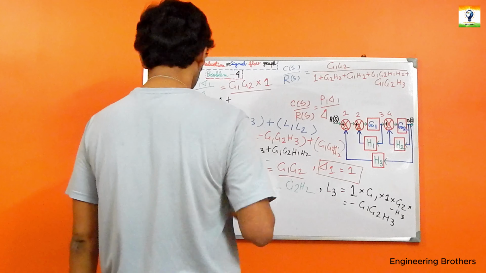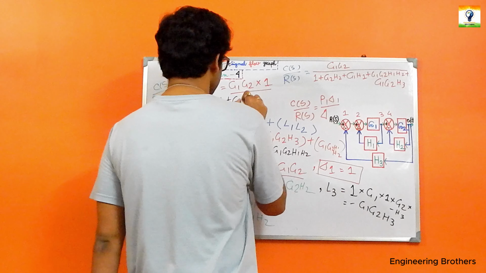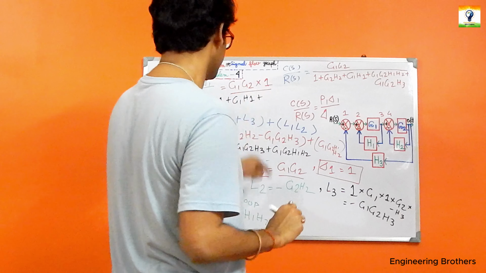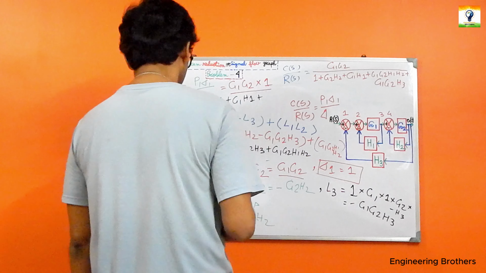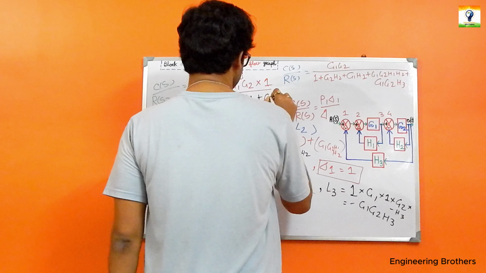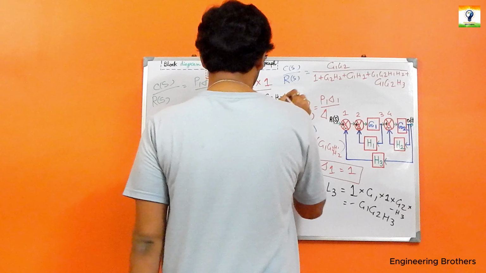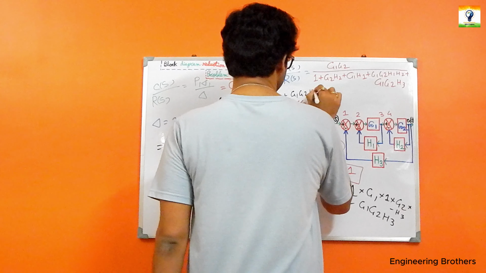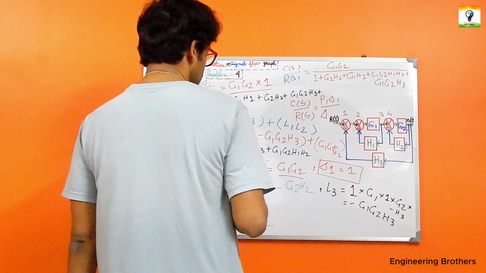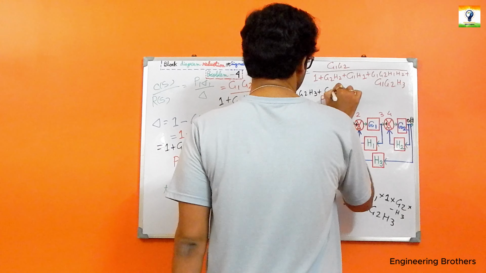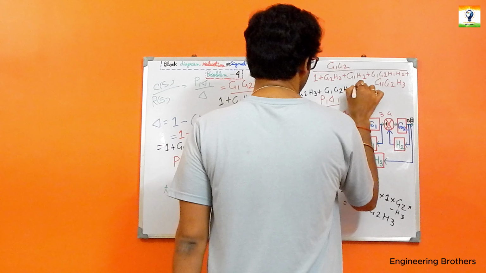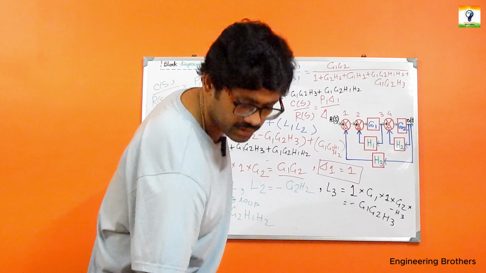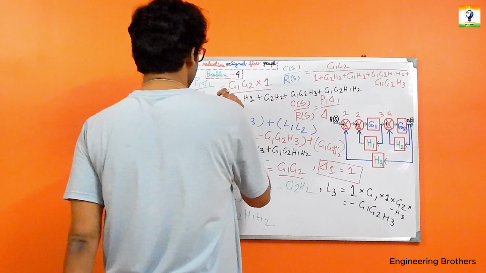In the place of our delta we are putting this whole expression, which is 1 plus G1 H1 plus G2 H2 plus G1 G2 H3 plus G1 G2 H1 H2, and that has been placed inside our bracket over here.